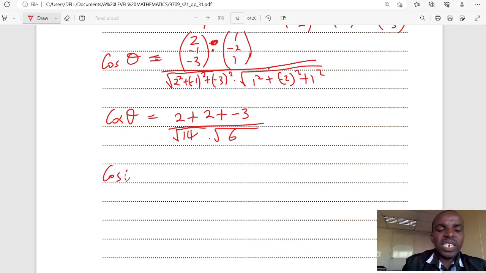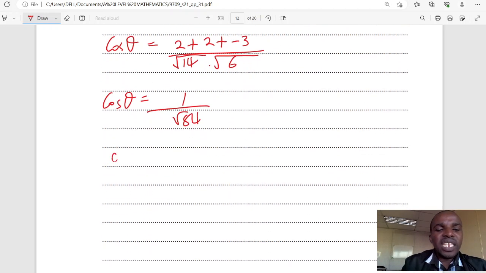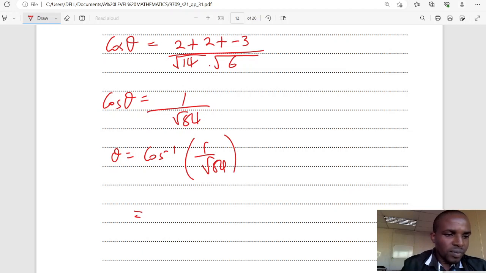So cos theta is equal to 2 plus 2 is 4, minus 3 is 1, over root 14 times root 6. 14 times 6, what do you get? You get root of 84. Then theta is arc cos of 1 over root of 84.